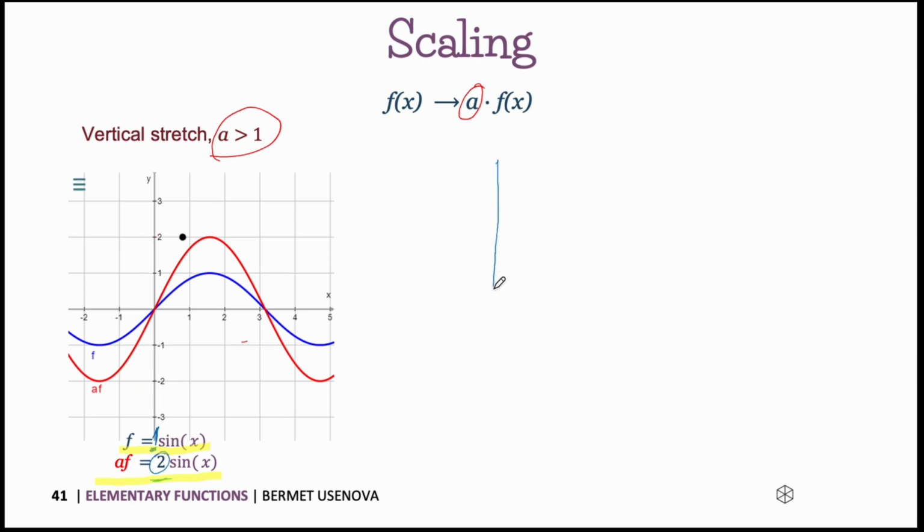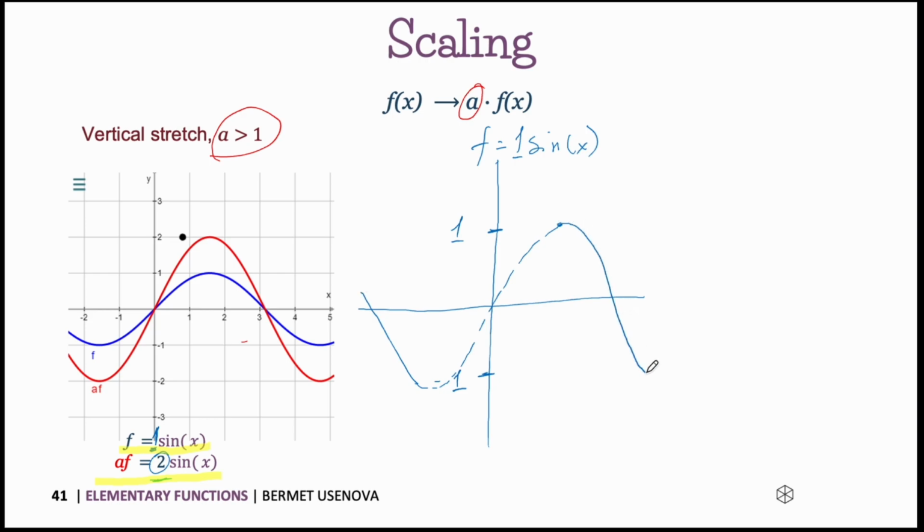To explain it a little bit better, let me just show two graphs separately. Sine x. The coefficient in front of sine is equal to 1. Thus, our function will go from minus 1 to 1. So it will go like this, and so on.